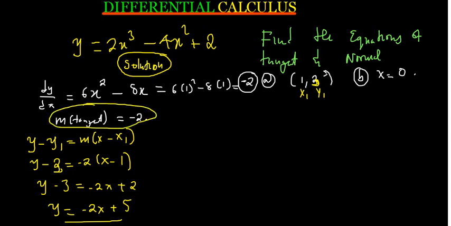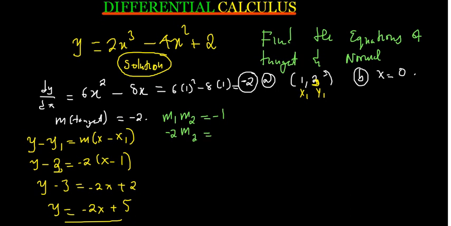Okay? So if you want to find the equation of the normal, remember we said the normal and the tangent make 90 degrees. So if I multiply the gradient of the tangent, so I'm going to say m1 multiplied by m2, it's supposed to give us negative 1. So the gradient of the tangent, let me call it m1, we've seen that's negative 2, multiplied by m2, this should give us what?